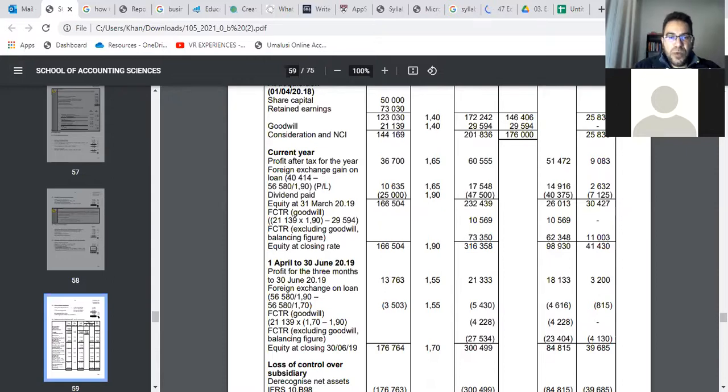It was 140, because we received the loan, and then we just work out what it was on 31 March.